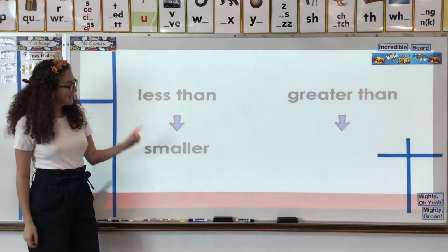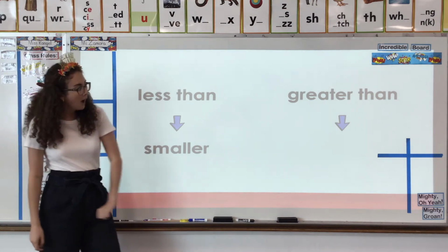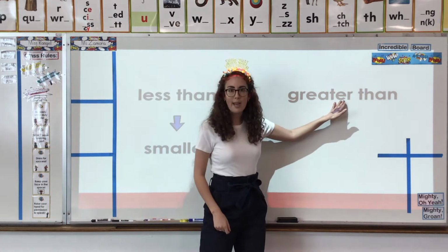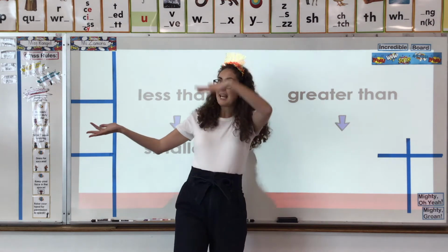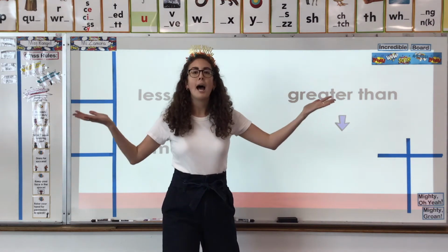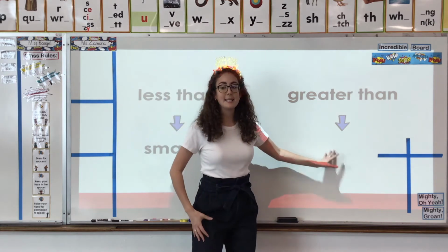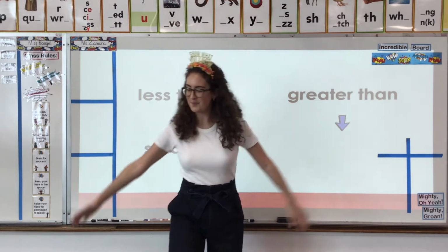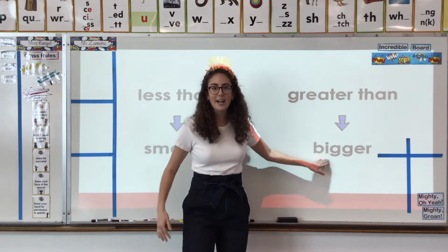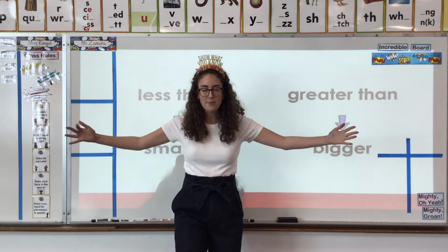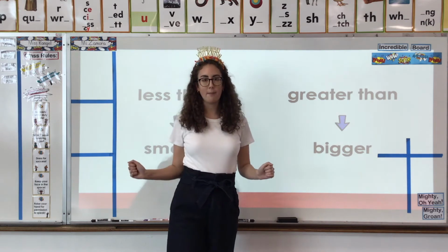So if less than means smaller, what about greater than? One number is greater than another. We could also say a number is bigger. It has way more value. It's bigger than another number.